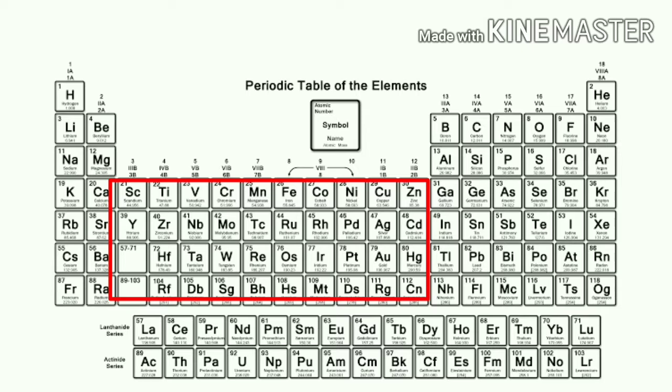Look at the periodic table. The elements present in group 3, group 4, group 5, group 6, group 7, group 8, group 9, group 10, group 11 and group 12 are called d block elements.